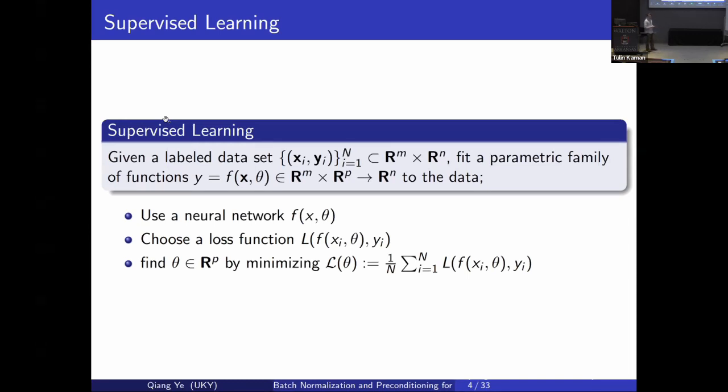So we define the loss between the model prediction, f of xi, theta, and yi, our label. We want our model prediction f of xi, theta to be close to yi. So we define the loss and try to minimize that loss. And the last step is to find theta. Theta is the model parameters. So we try to find the theta that minimizes the mean loss over the data set.